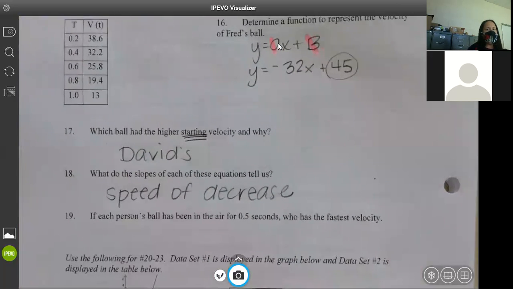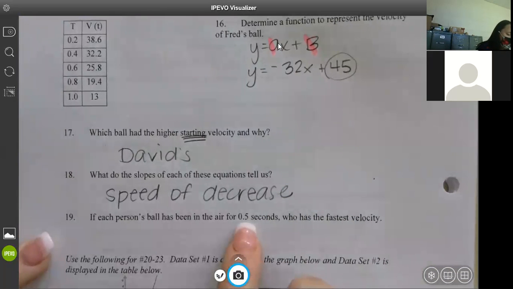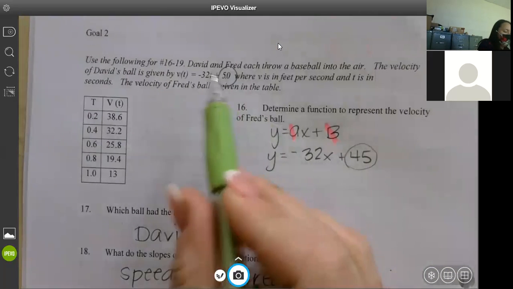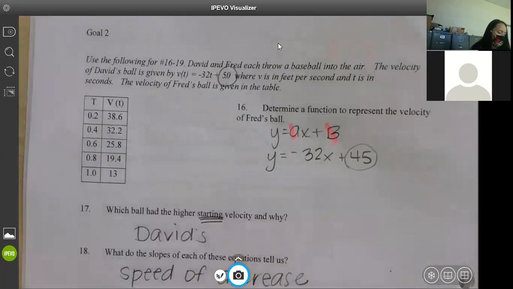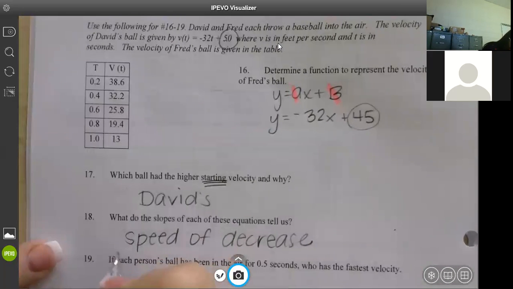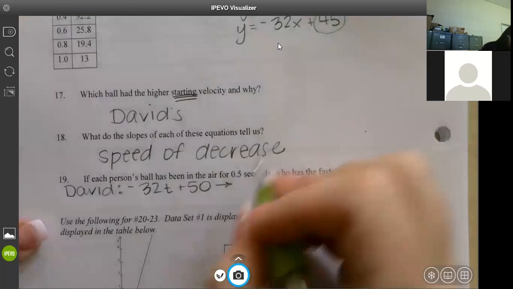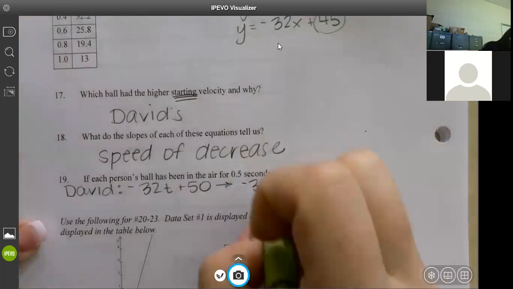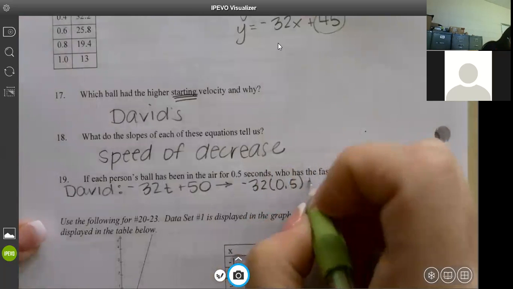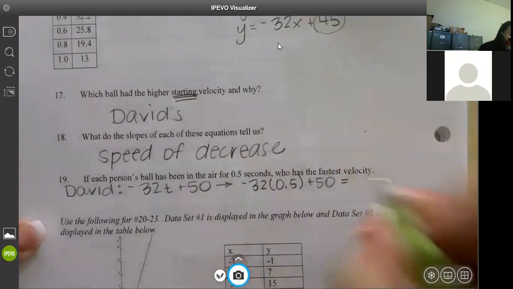All right. If each person's ball had been in the air for 0.5 seconds, who has the fastest velocity? So all of this is saying is take this 0.5 and plug it in for X, because X or T was your seconds, okay? So here's what we got. We're gonna start with David. His was negative 32T plus 50. So what we're gonna do is plug in that 0.5 and we're gonna see what we get.